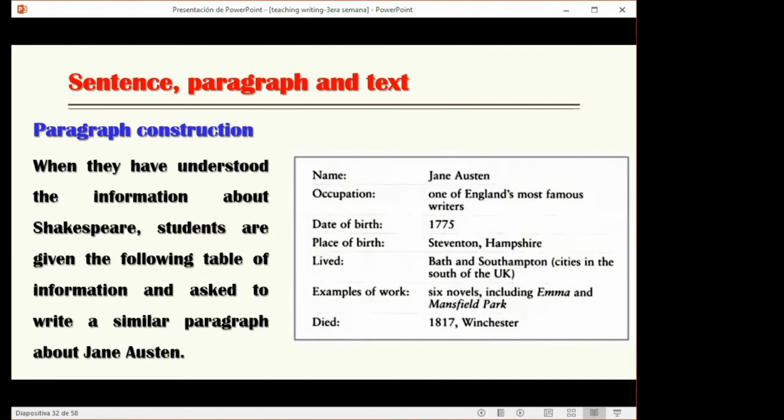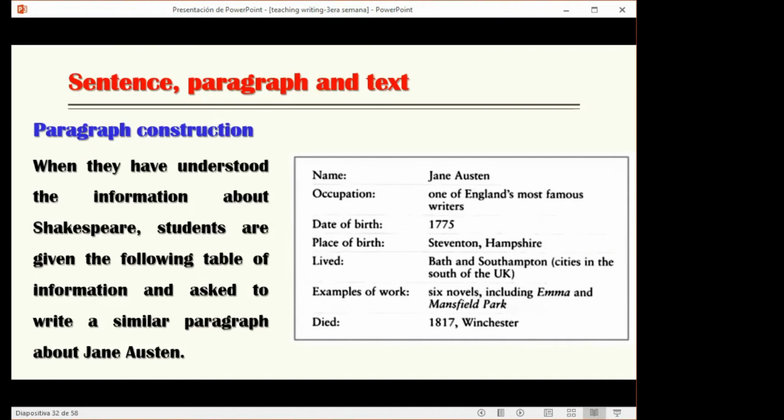Jane Austen. Occupation, one of England's most famous writers. Date of birth, 1775. Place of birth, Steventon, Hampshire. Lived, Bath and Southampton, cities in the south of the UK. Examples of work, 6 novels, including Emma and Mansfield Park.